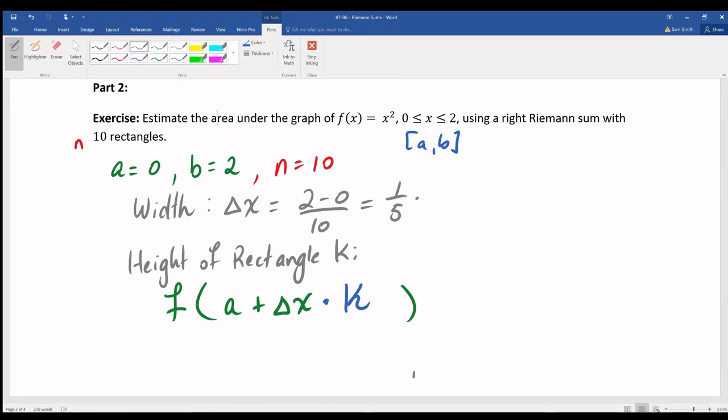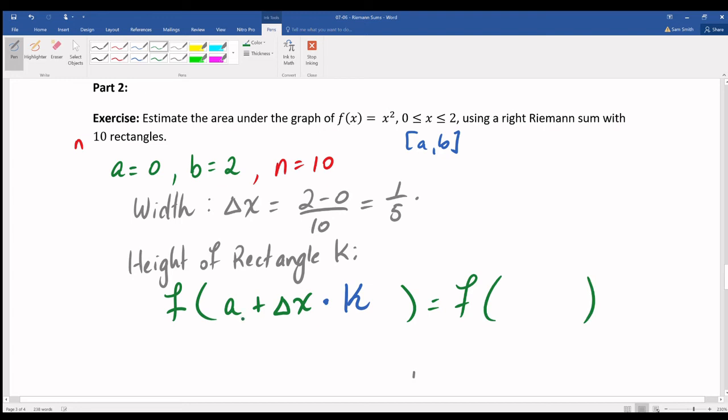Now, our value of delta x is 1/5. Our value of a is 0. So let's use that information. If we plug in a equals 0 and delta x equals 1/5, then we are really looking at f with 1/5 times k plugged in.